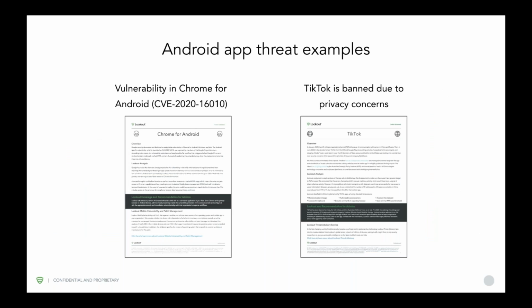So the first one is pretty recent. There was a vulnerability in Chrome, and this particular vulnerability applied across the board. It was a vulnerability in Chrome for Windows, Chrome for Android and iOS, and Chrome on Chromebooks. Anytime you have a browser vulnerability, it's potentially an issue, because it can be used when a user goes to a bad site or gets a phishing attack that directs them to a bad site.